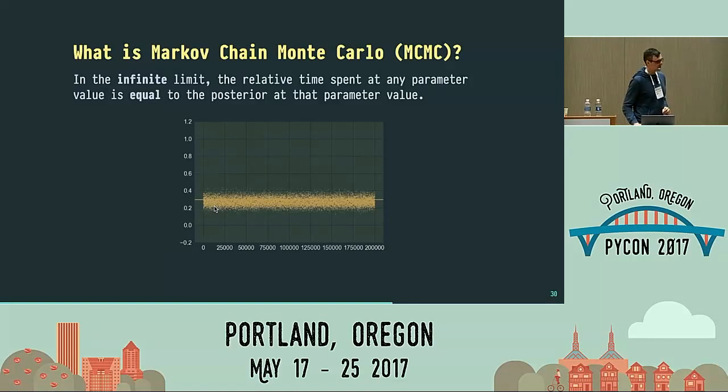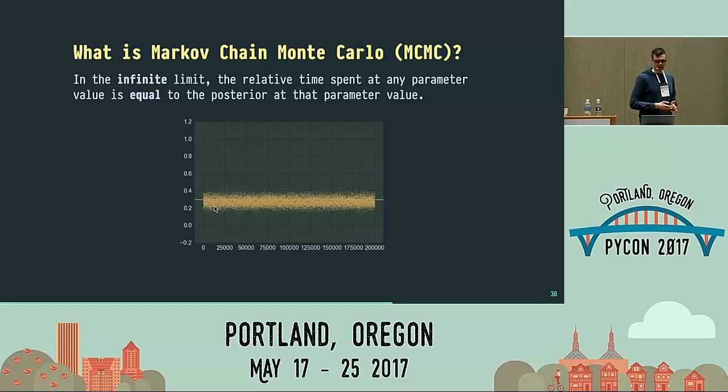Actually, there's a mathematical theorem that for these Markov chain Monte Carlo random functions, in the infinite limit, so when you actually run this for all eternity, this chain itself will become the posterior.